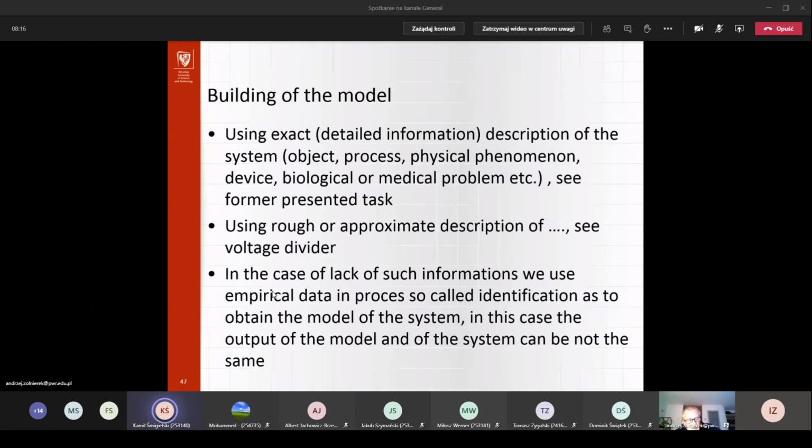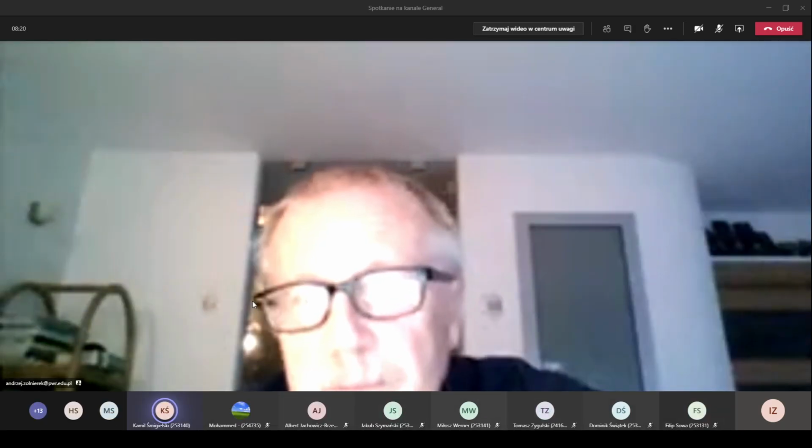And coming to this voltage divider, what is it about?